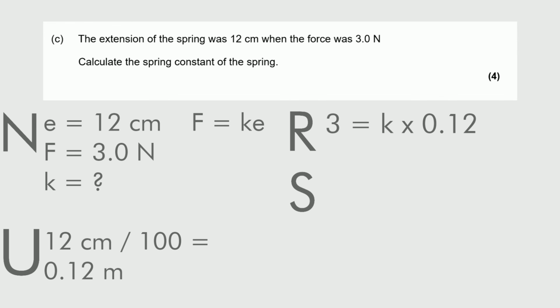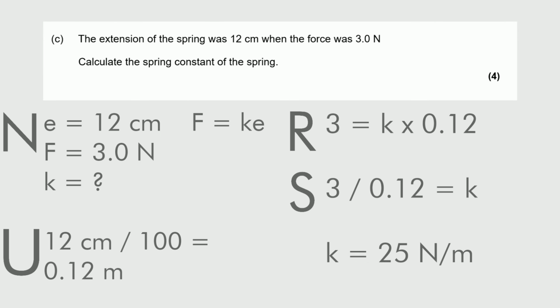We can do this by doing the opposite operation. At the moment, we're multiplying by 0.12, so we need to divide both sides by 0.12 to move it over. After doing this, we're left with 3 divided by 0.12 equals k. Now we can put this into a calculator and get an answer of 25. Again, standard units have been used, so we'll get 25 newtons per metre.